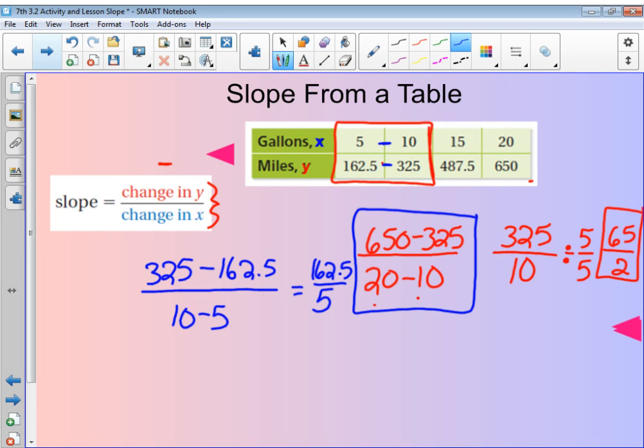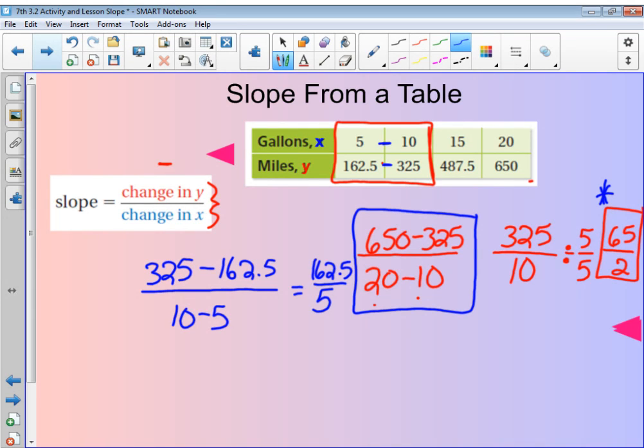Okay, so here the true final answer should be 65 over 2 for our slope. Okay, and I know, yes, you could reduce it down and say something over 1. And if I did the 162.5 divided by 5, it ends up giving me 32.5 over 1.